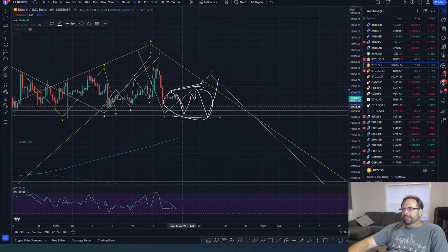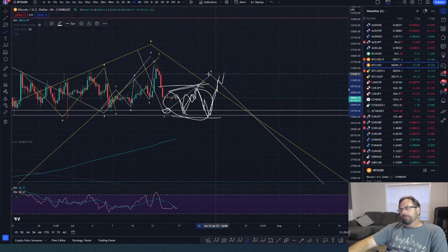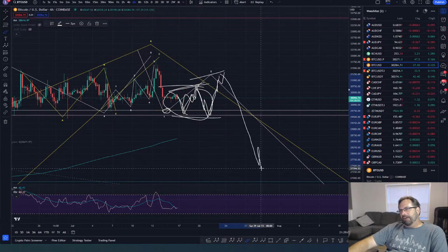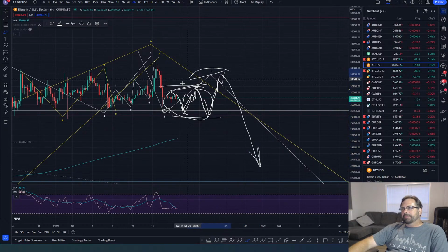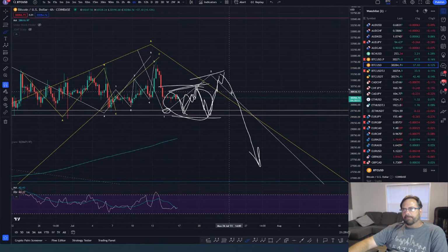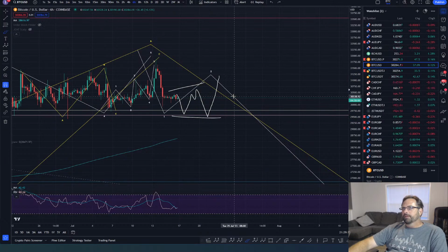They could take this low out, shoot it back up, come back into this region here. You think it's done. It's not done. It creates some kind of expanded move, retests the high, and then it shoots down after that. So I wouldn't be surprised to see an expanded B wave. That's very, very common.